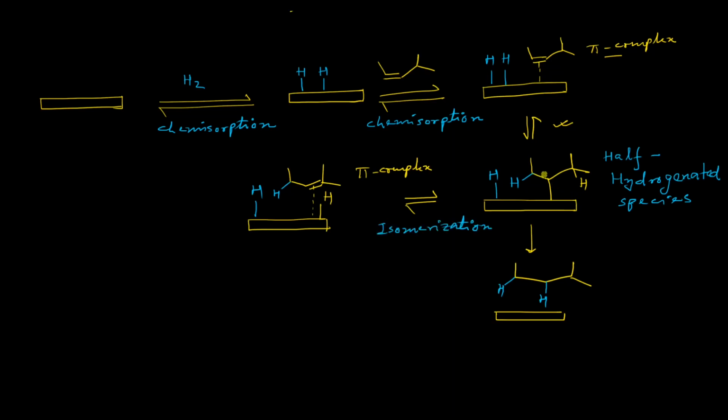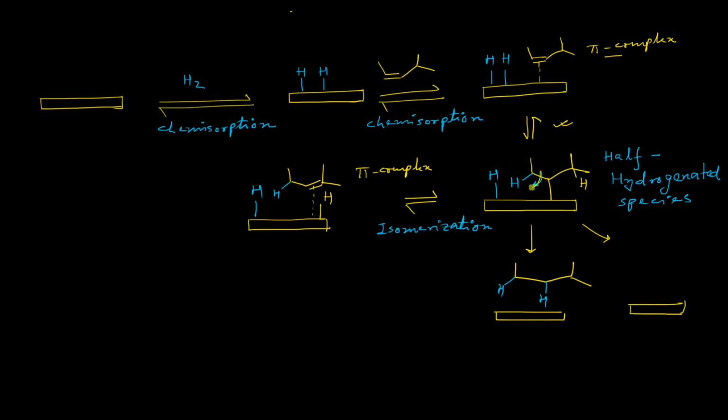Also, this particular half hydrogenated species can undergo single bond free rotation. So if this particular single bond rotates, then we will get trans hydrogenation. So here in this example, I am showing that cis hydrogenation is taking place, but there is also the possibility of trans hydrogenation like this.